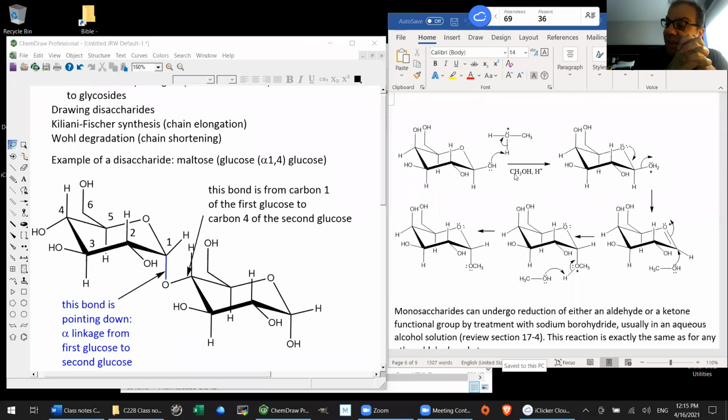In any case, lactose is an example of a disaccharide, and I think we also looked at maltose. Not that I really care if you memorize any particular disaccharide structures, but a lot of these disaccharides are things you'll have heard of. And if you understand how to make a methyl glycoside, then you understand how a disaccharide is formed.